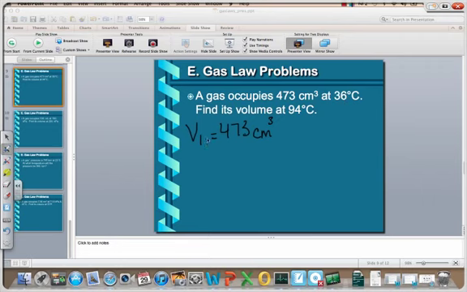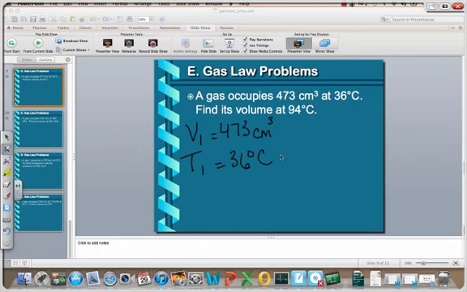The temperature that volume is at is this one, so the first temperature is 36 degrees Celsius. Now, in the last podcast, and actually the first two podcasts, I said you cannot use Celsius in this. You have to convert this to Kelvin. So let's do that right now.